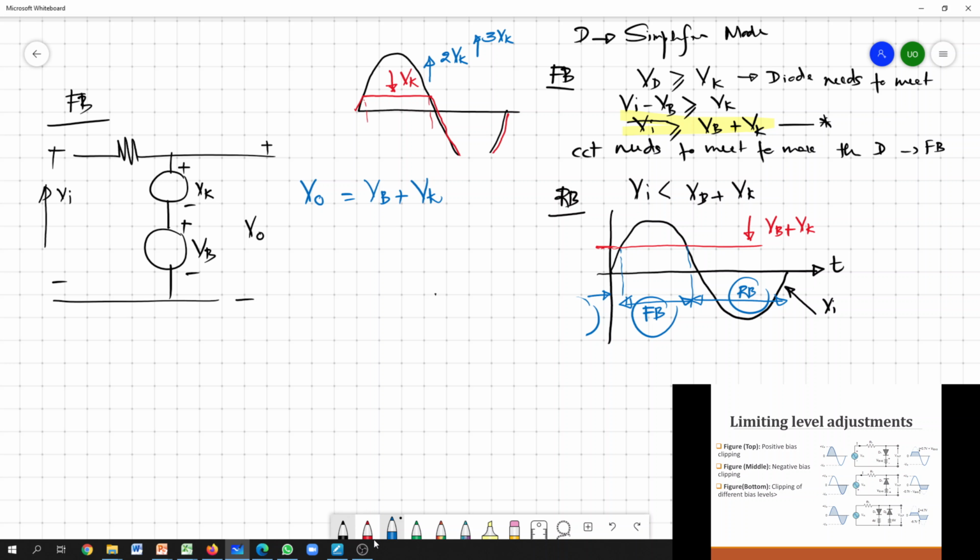Once it goes to reverse bias, we know that the diode is reversed, so you don't see any current here. We can simply replace this with an open circuit element.